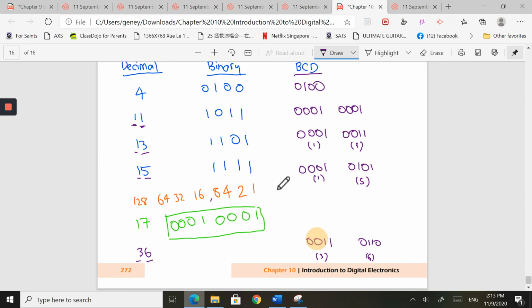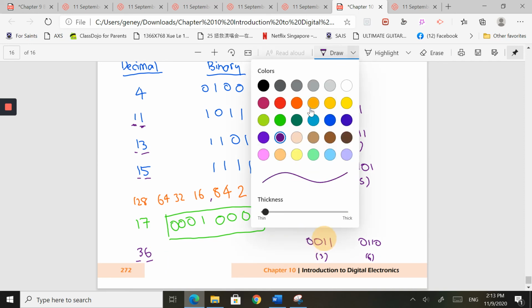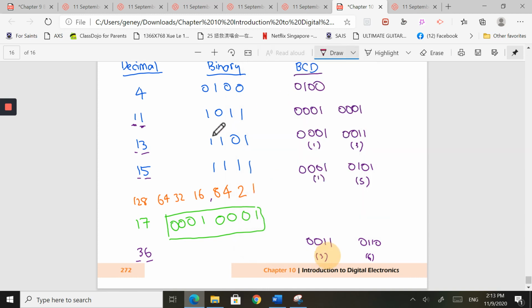One last thing I need to tell you is that to tell the people looking at your numbers whether you're representing decimal, binary, or BCD, you have to put these subscript numbers. Decimal is base 10. Binary is base 2. BCD is base BCD.